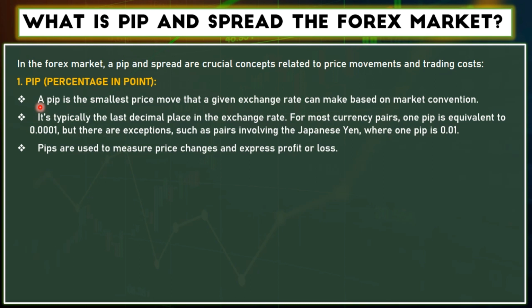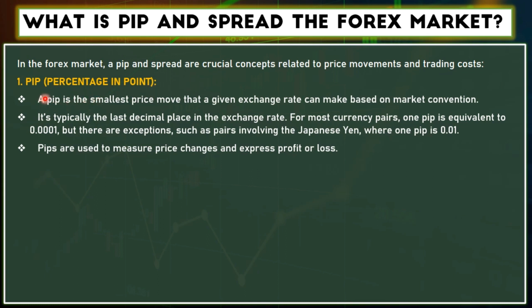A pip, like I explained before, is the smallest price movement that a given exchange rate can make based on market convention. Remember the last time I did some teaching about lot sizes and change in price.